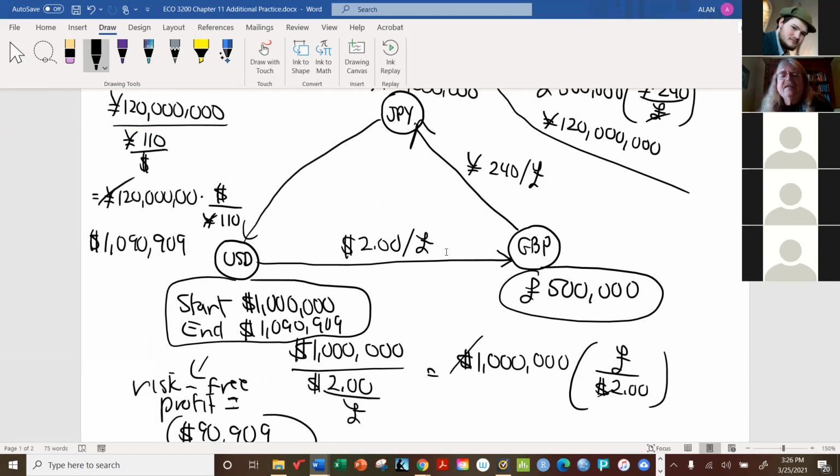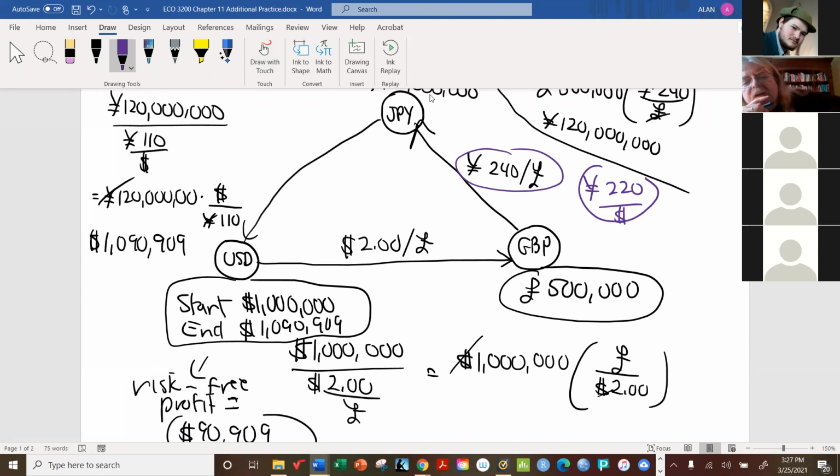If, on the other hand, they gave us the correct quote in the first place, like if this had actually been 220 yen per pound, then when you got to the end, you would have discovered that you still had exactly $1 million. And that's how you would have known that this is in fact the correct value. So the fact that we made money means that this is not the correct quote.